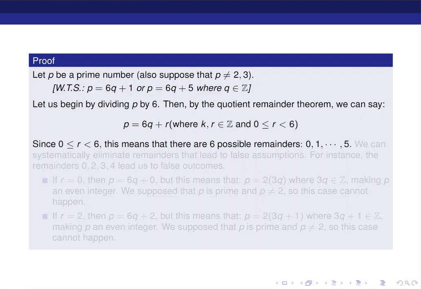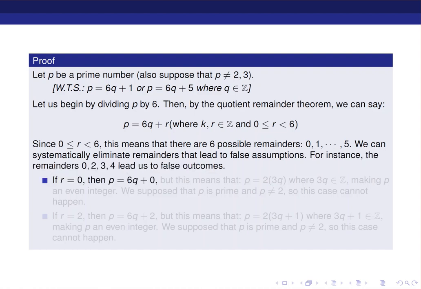And so we're going to systematically eliminate some of these remainders that lead us to some false conclusions, some crazy nonsense, basically. For instance, the remainders 0, 2, 3, and 4 lead to some crazy results. Let me show you. If the remainder is 0, then my prime number looks like 6q plus 0.